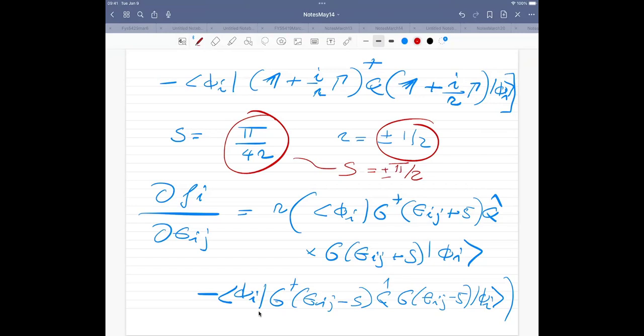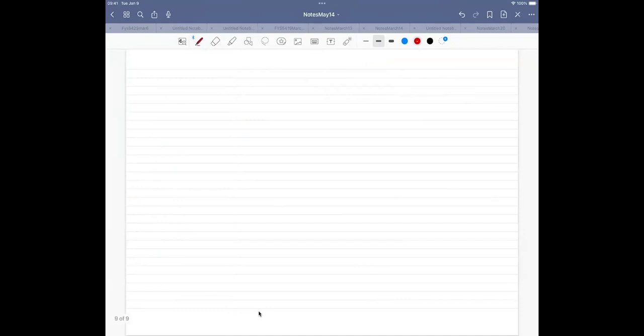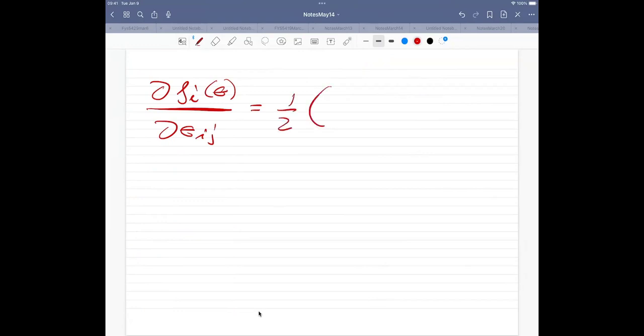So the parameter shift rule means that we have an analytical expression for the gradients d theta ij, which is equal to 1/2 times the expression which we actually encoded in the VQE.